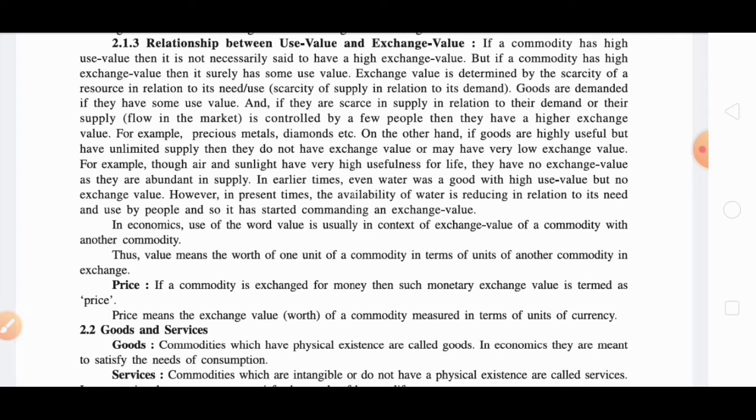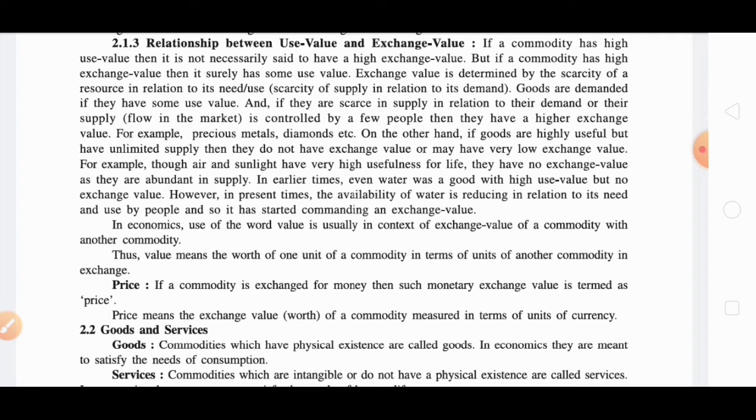So whenever it is asked in an exam, like what is the meaning of value, you have to mention that value means the worth of one unit of a commodity in terms of a unit of another commodity in exchange.